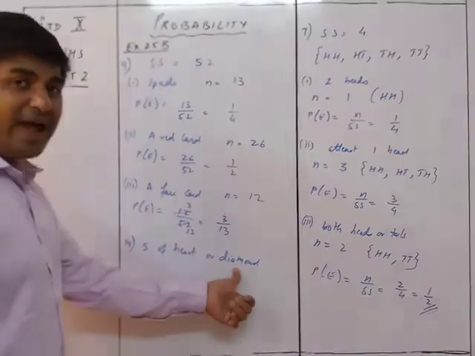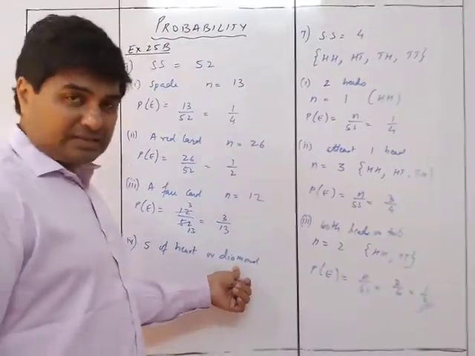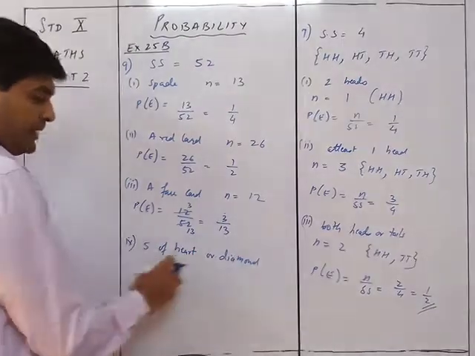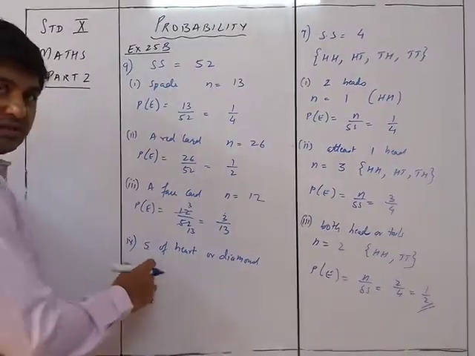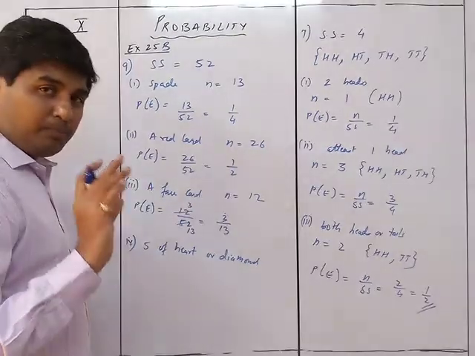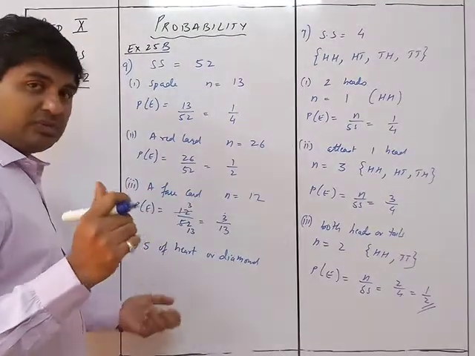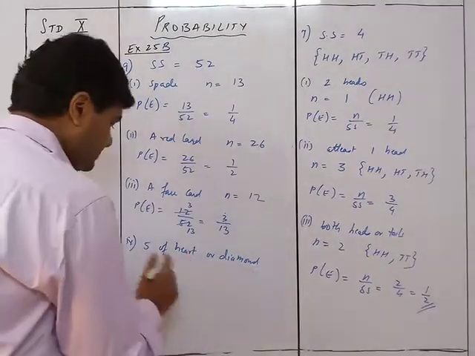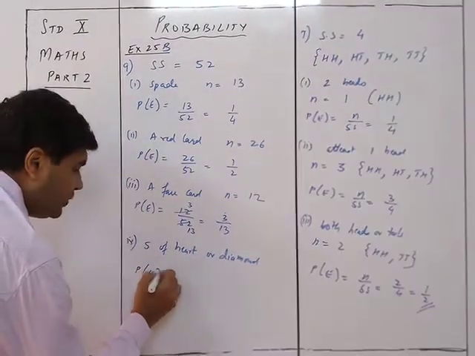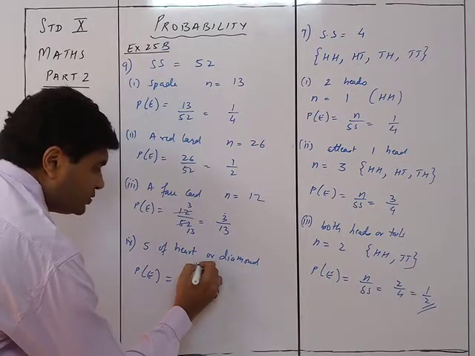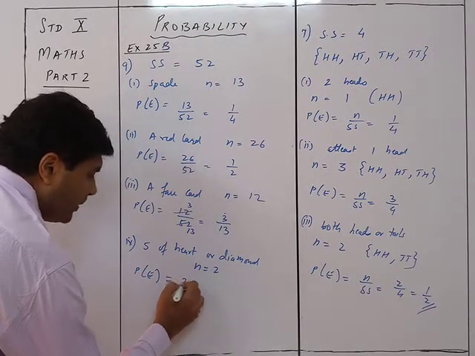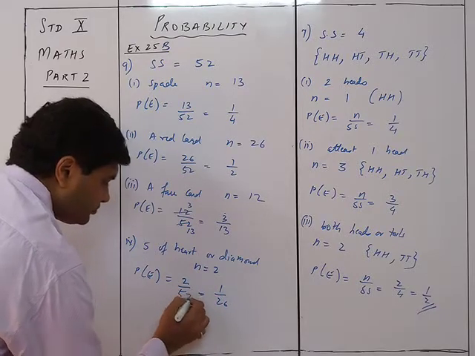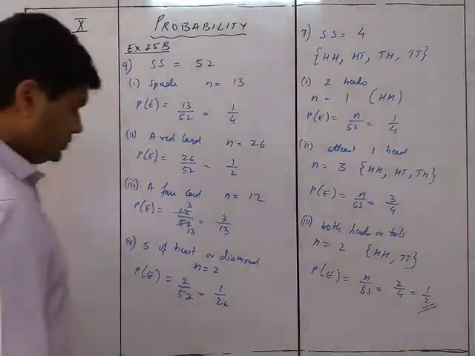If this would have been diamonds, then automatically there would be 13 diamonds plus this 5 of hearts, so totally 14 cards, which is possible. But here, 5 of heart or diamond means n is equal to just 2. So it is 2 upon 52, which is 1 upon 26. So that was the fourth one.